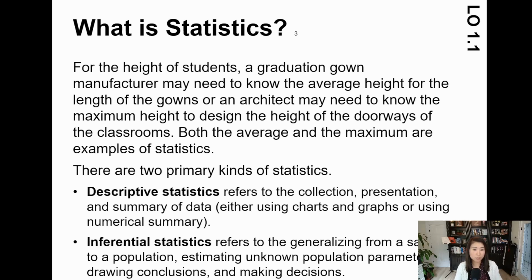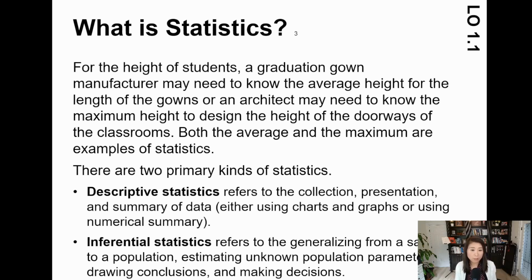We're using that to describe the population. The other one is called inferential statistics. That refers to generalizing from a sample to a population and estimating unknown population parameters, drawing conclusions and making decisions. The key here is that when we think of inferential statistics, you are able to distinguish sample and population.